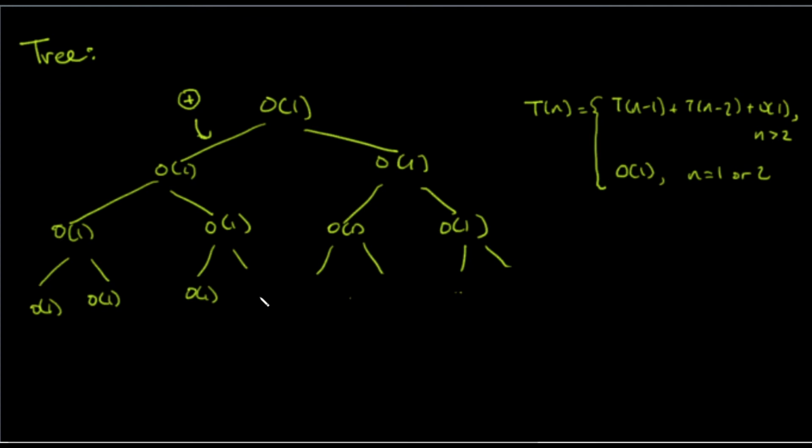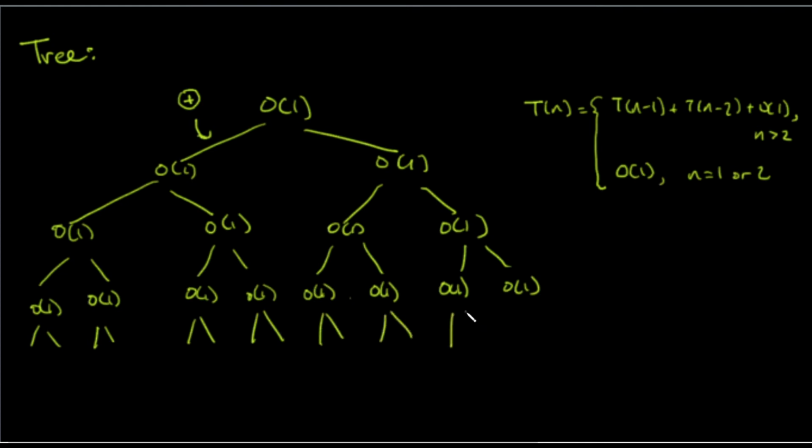Let me just write these O of 1s first. We're going to get O of 1s, and then we're going to apply our T's below. I'm not going to write them out, but they're going to look something like that. Each of these nodes is going to have two branches, or two children of its own. And this is going to continue on for some amount of time.